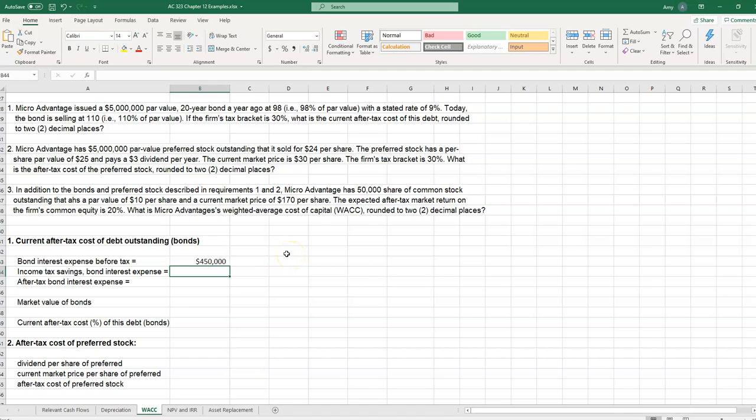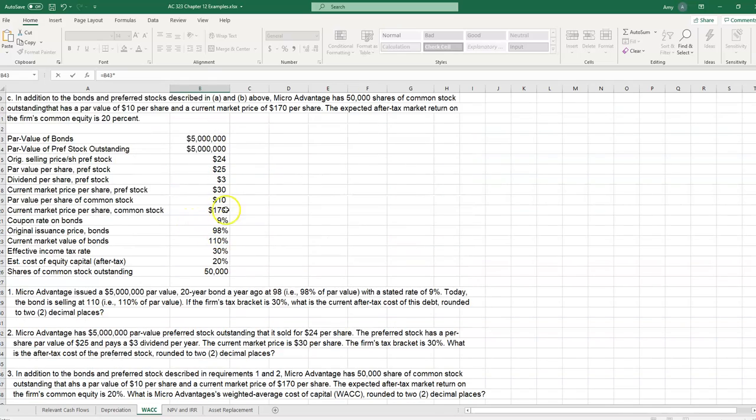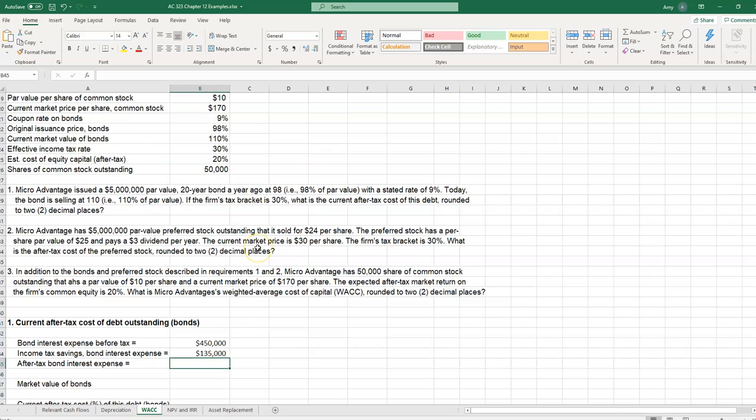Our income tax savings from bond interest, we take our bond expense times our 30% tax rate. So after tax, 450,000 minus 135,000.